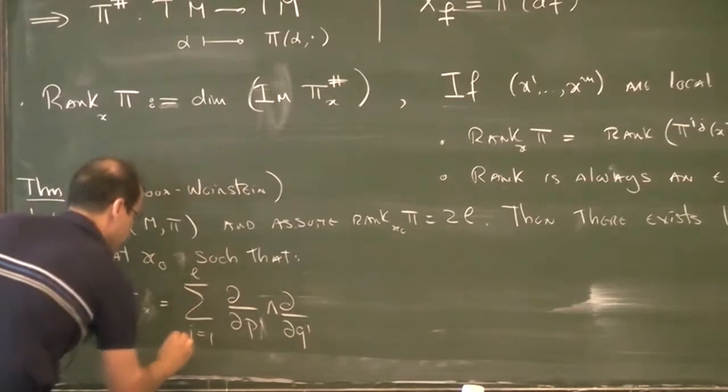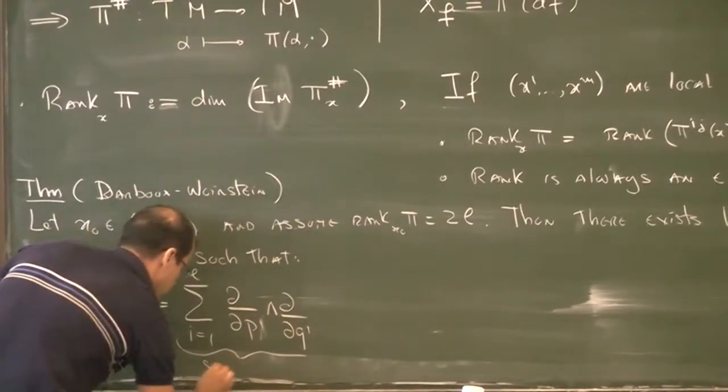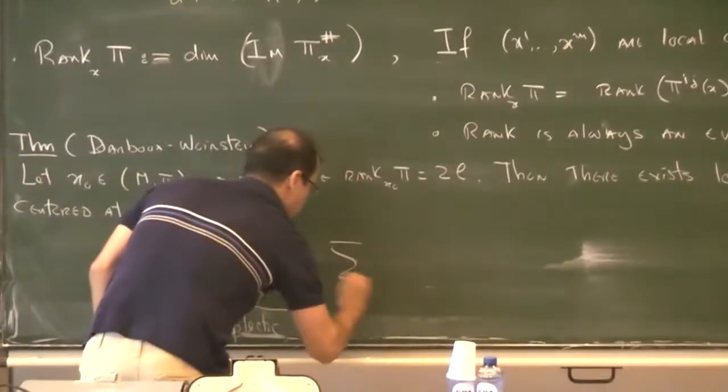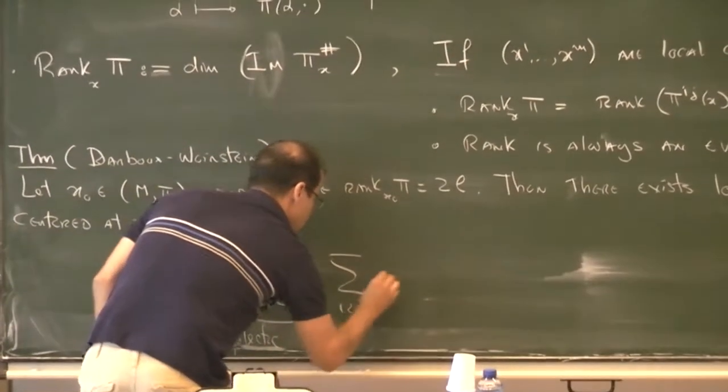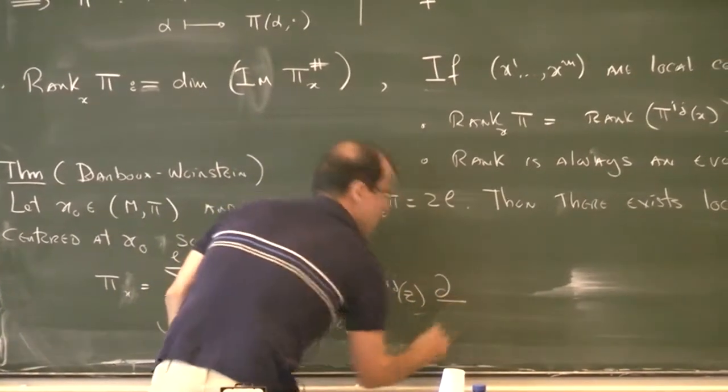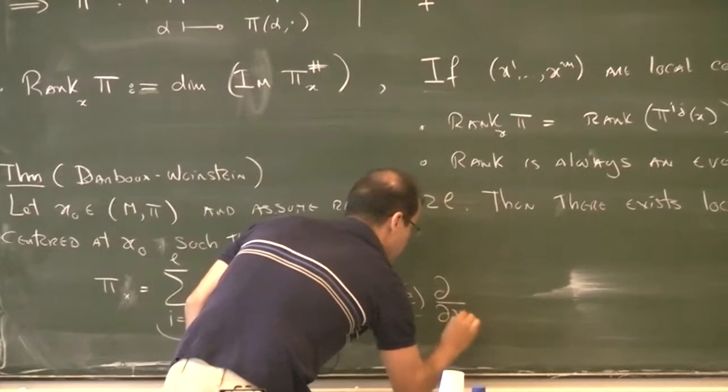It has a part which is a symplectic part, and another part which is purely Poisson in some sense.